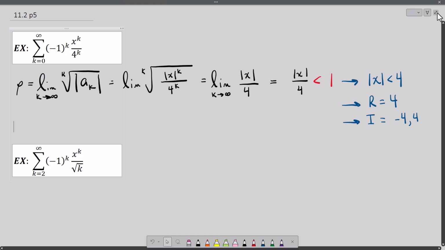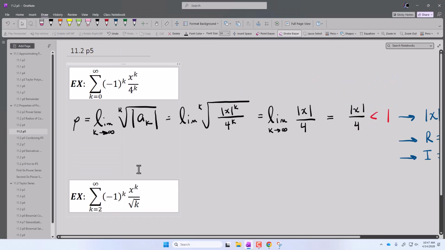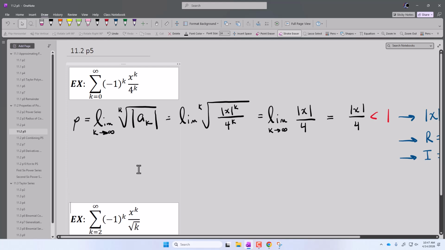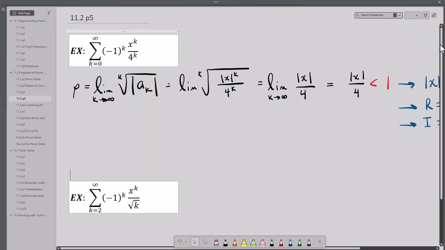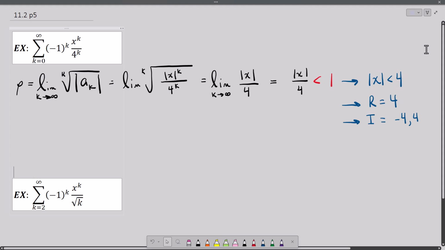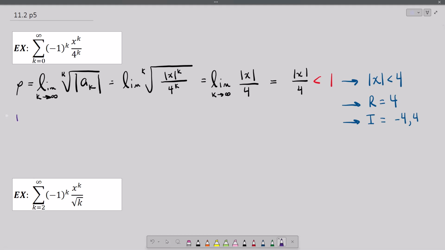So let's go ahead and test -4 first. Let's give ourselves a little more space. This brings us back to chapter 10. So come in here and test x equals -4. We're going to go to the power series up there, and we're going to plug in -4.